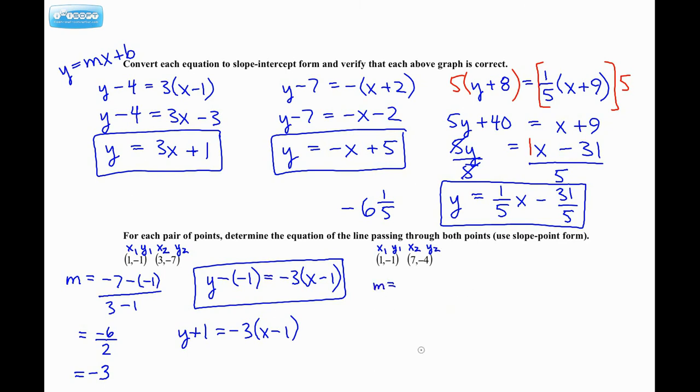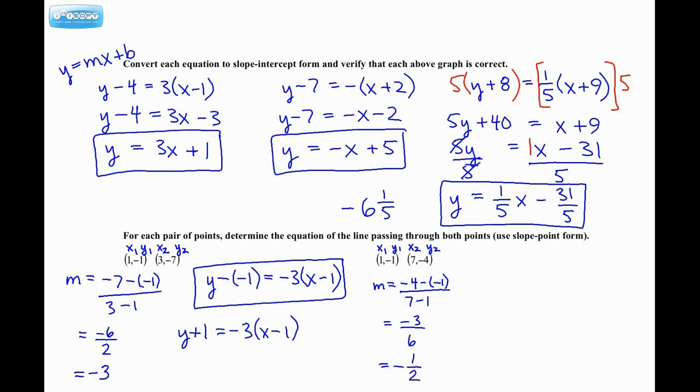All right. So we have negative 4 minus negative 1 over 7 minus 1. So let's work that out. This becomes plus 1, so I get negative 3, and 7 minus 1 is 6. So this, of course, reduces. I get negative 1/2. So that's my slope.